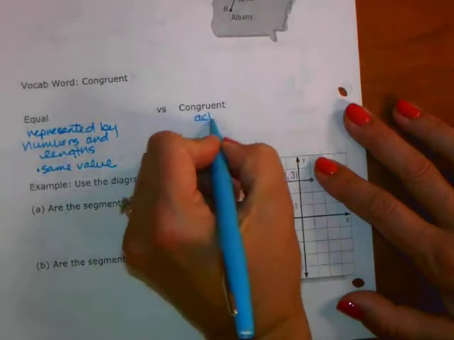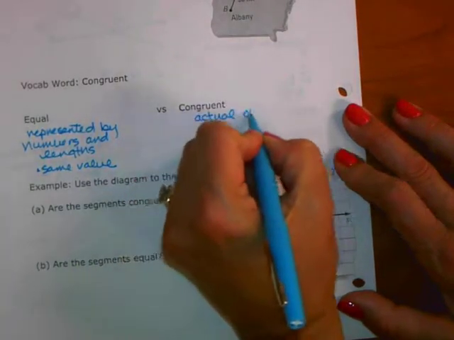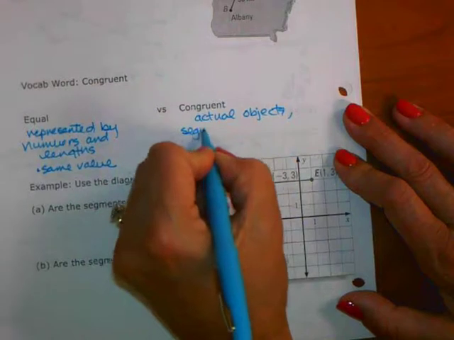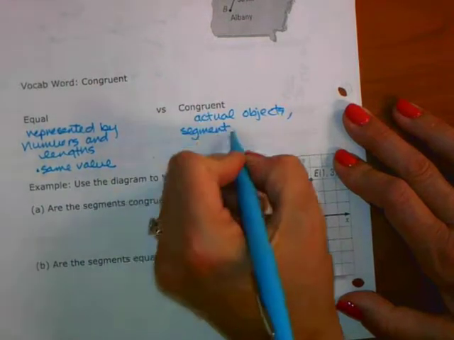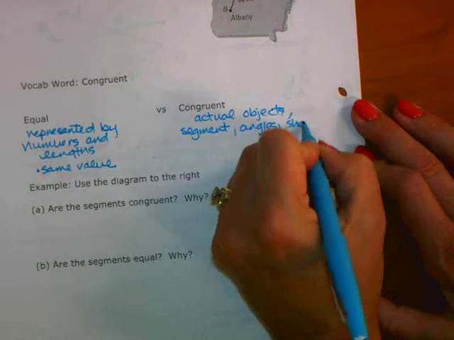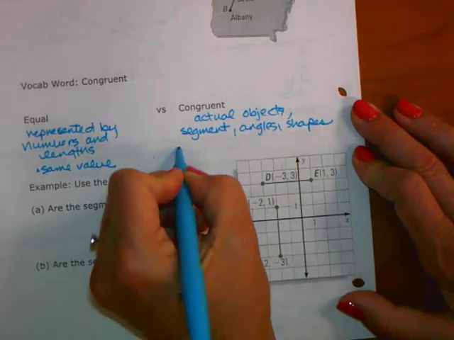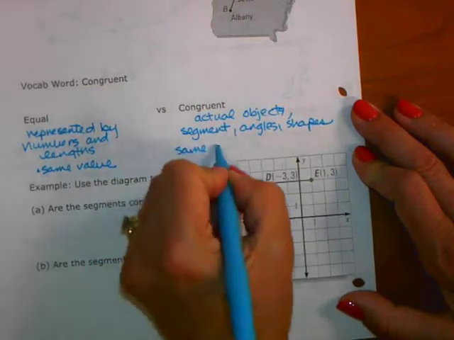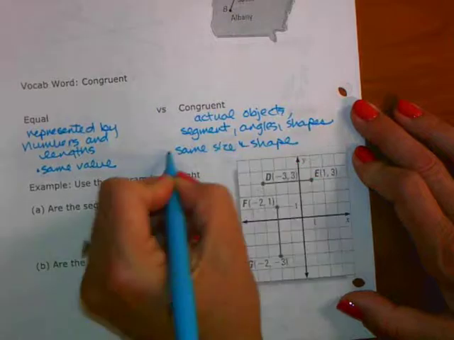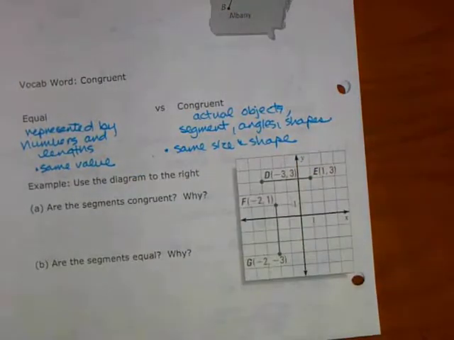Congruent is when you're talking about actual objects, like segments, and you're not putting a number attached to it. Segments, angles, shapes, they're the same size and shape. But we're not actually talking about that number. So let's use this diagram at the right.